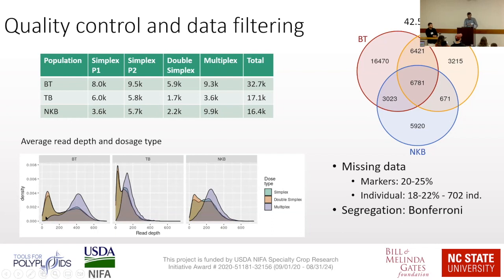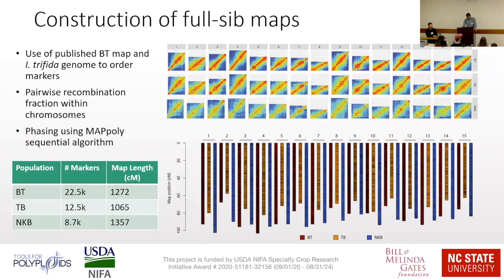For a good multiplex marker, remember, this is a hexaploid, you have to have around 400 in terms of read depth, or in this case 200, and here it is between 200 and 400. Of course, you can have simplex markers with more read depth, but even with less read depth, you can still find simplex markers.